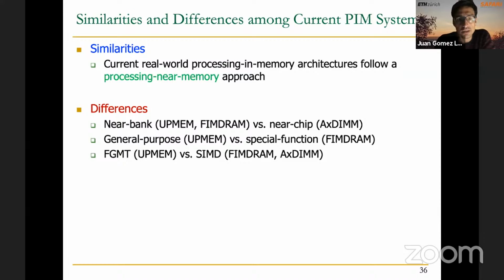We discussed the way that these UPMEM DPUs operate in our third meeting. And then we also have the SIMD paradigm in FIMDRAM and AXDIMM, the way that we have seen them in the current implementations that we are aware of, right? In the case of FIMDRAM, we have 16-bit SIMD lanes. In the case of AXDIMM, we have 16 32-bit SIMD lanes in each of the NMP units.